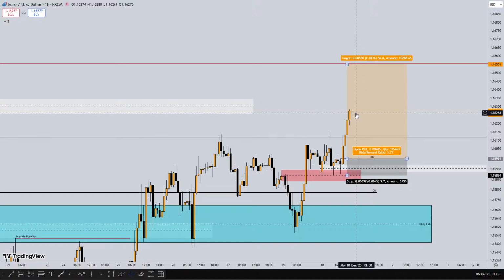Now, based on where price is currently at, price might trade quickly to run the buy side liquidity, maybe around before NFP. We know this is the first week of December, and the first Friday is in this week, which is the NFP week. I'm more likely to see price run the buy side liquidity before NFP.